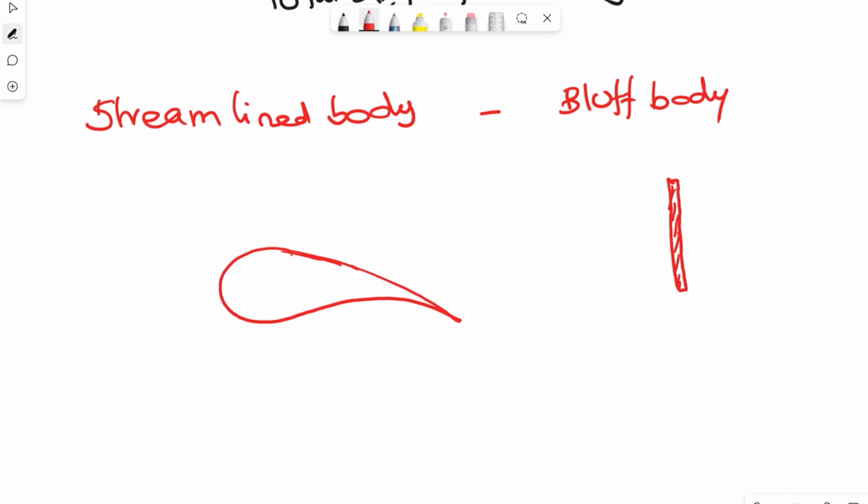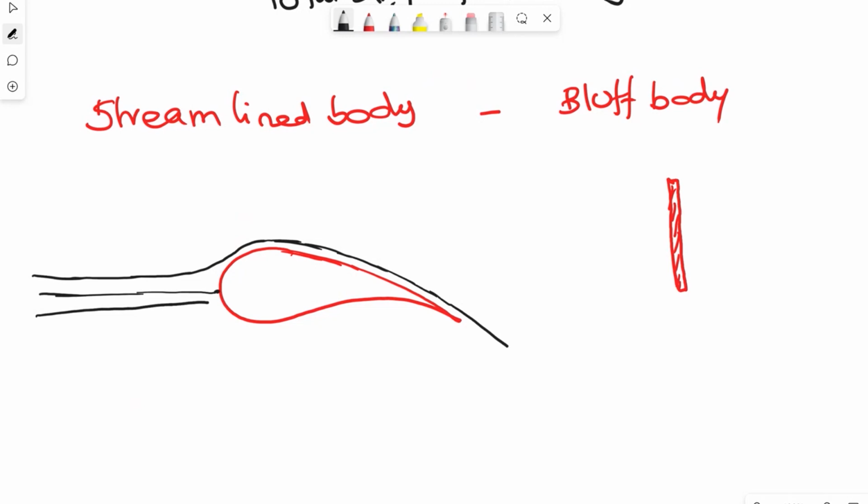What is the difference actually? Streamlined body is that body which is such that the shape is adjusted following the streamlines. Now the flow, you take it, how the flow occurs. So in such a case, the flow lines just move on the object like this. Right? So this is airfoil.